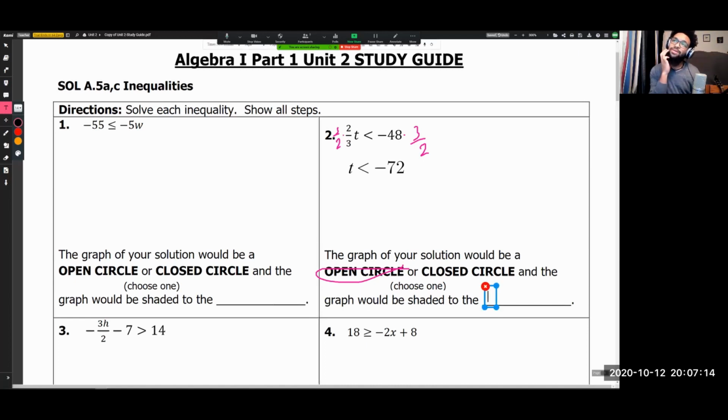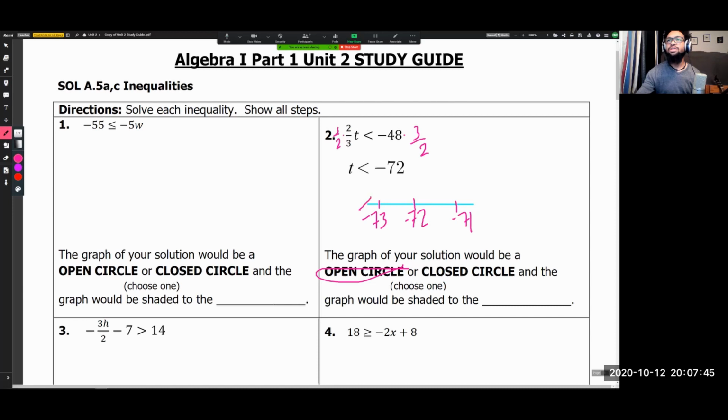This one is choosing numbers that are less than negative 72. If we were to draw this out, let's go ahead and do it. We have negative 72 here, negative 71 here, and negative 73 here.